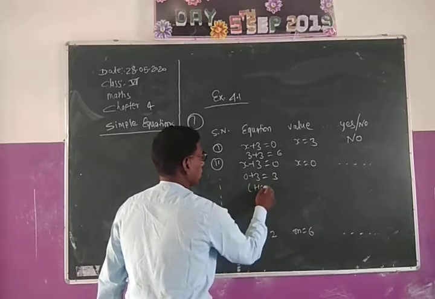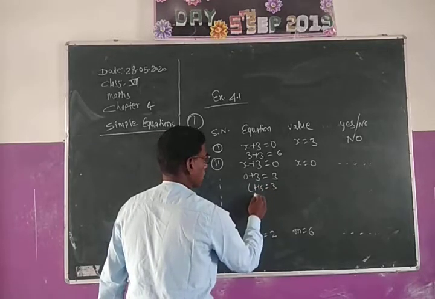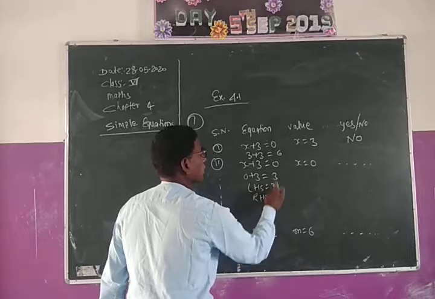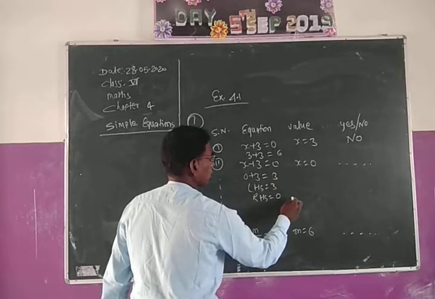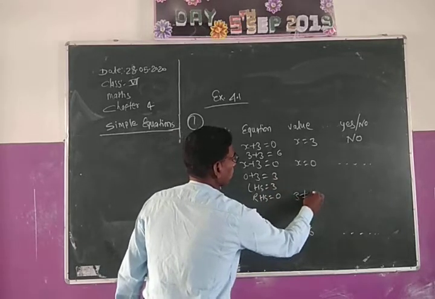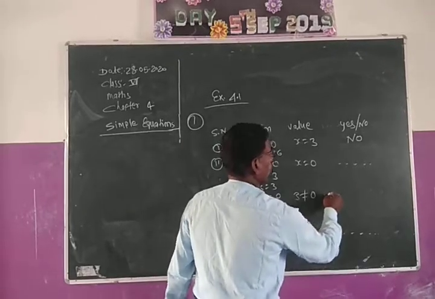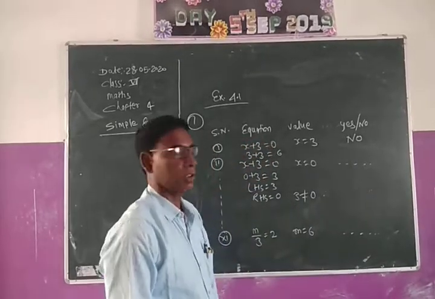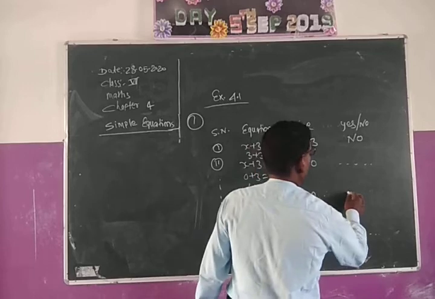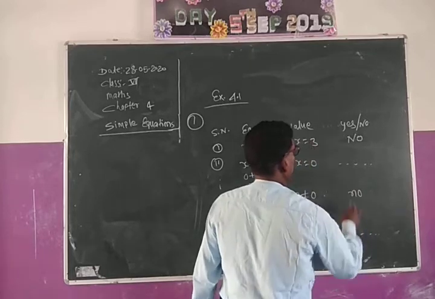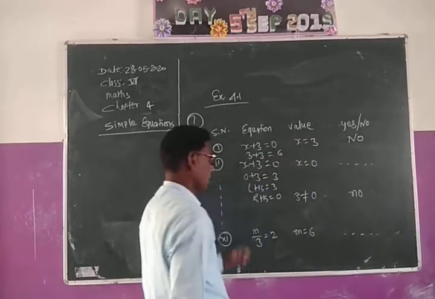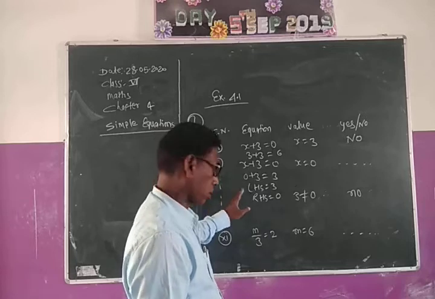LHS is equal to 3. RHS is equal to 0. 3 is not equal to 0. Therefore, the equation is not satisfied. No. Here you will write it. Similarly, you will do the next question.